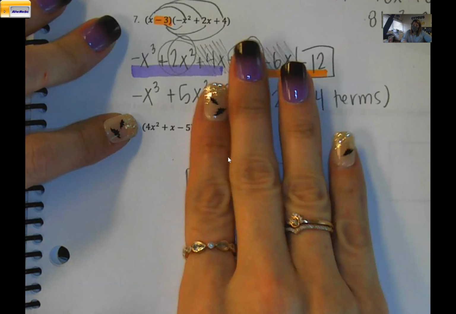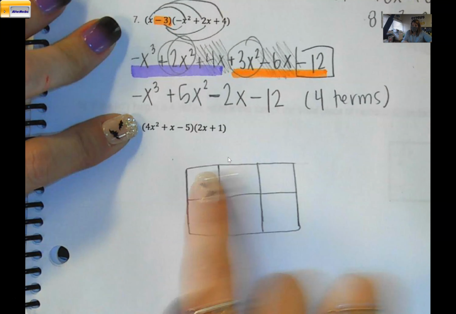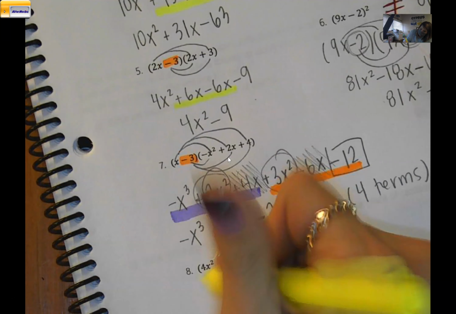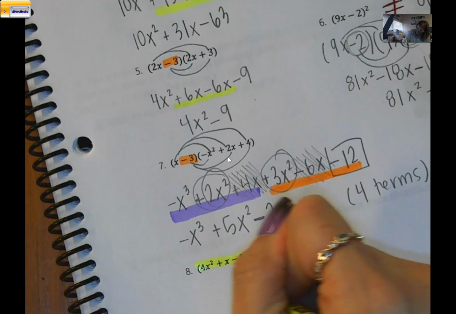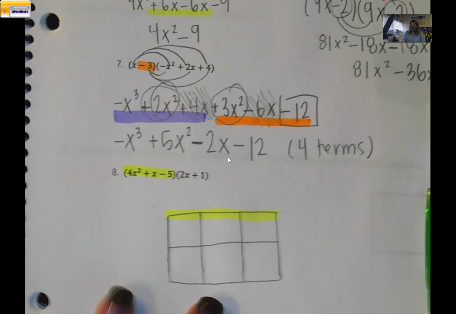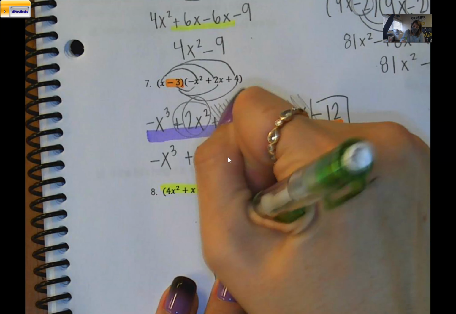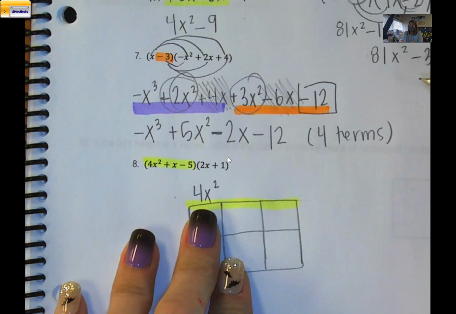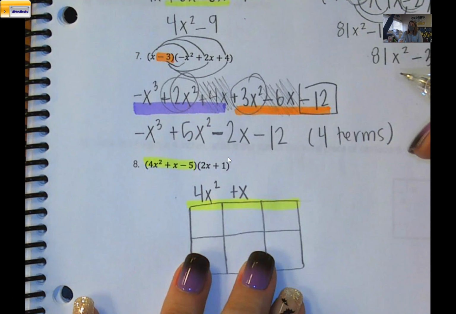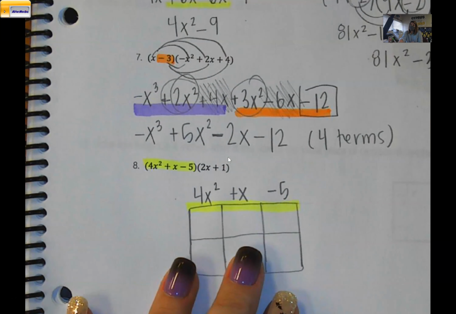So this is the one that has 3 terms. I'm writing this trinomial across the top of my box. So 4x squared goes in the first column, or on top, I should say, sorry. Plus x goes over the middle. Minus 5 goes over the last.